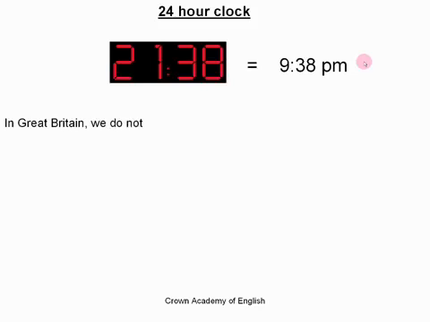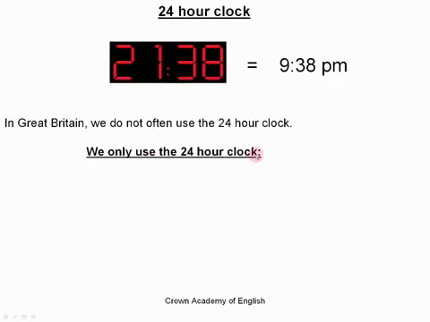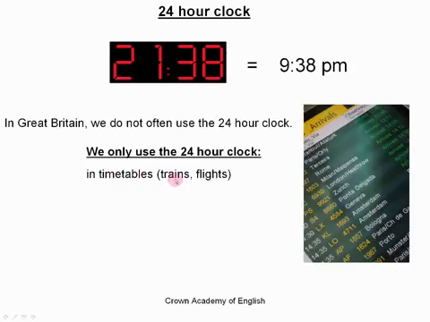But be careful, in England, in Great Britain, we do not often use the 24-hour clock. We do not often use this system. It is very rare. Normal people in everyday life do not use this. All right? We only use the 24-hour clock in timetables.